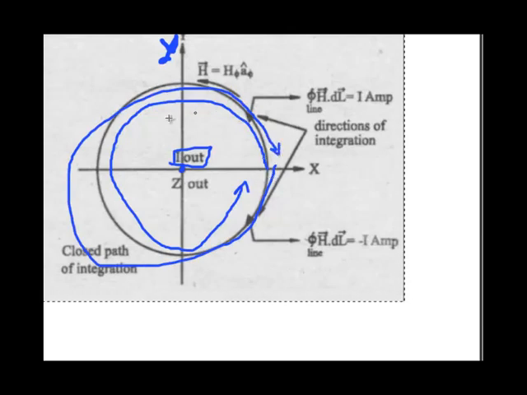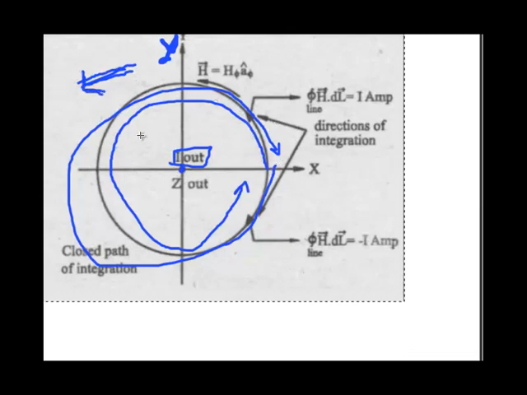If I integrate anti-clockwise, then this is integrating in the direction of flux line, because flux lines are flowing in anti-clockwise direction. It can be obtained by Fleming's right hand rule, which states that if current is flowing in outward direction, then flux lines rotate in anti-clockwise direction.